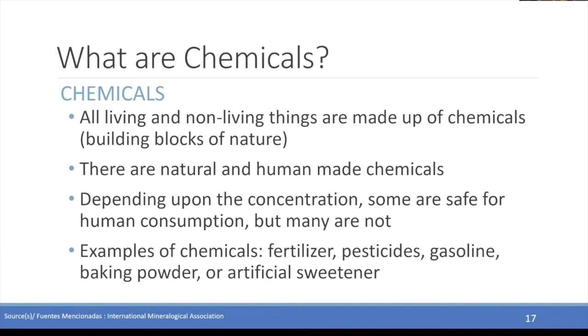There are natural and human-made chemicals, and depending on how much of a chemical or a concentration of a chemical, water may be safe for human consumption, but some are not. So examples of chemicals include fertilizer, gasoline, pesticides, even baking powder or artificial sweetener.